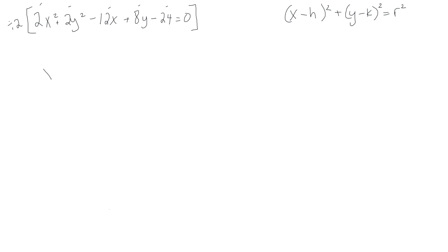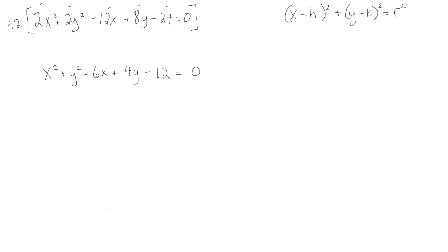So x squared plus y squared minus 12 divided by 2, 6x, plus 8 divided by 2, 4y, minus 24 divided by 2, 12, equals 0 divided by 2, 0.